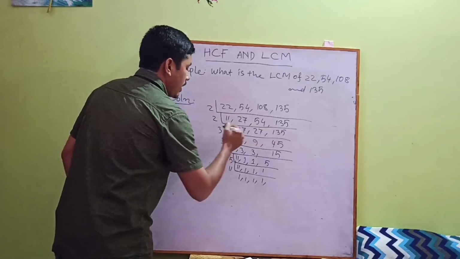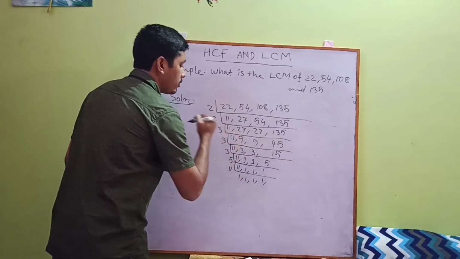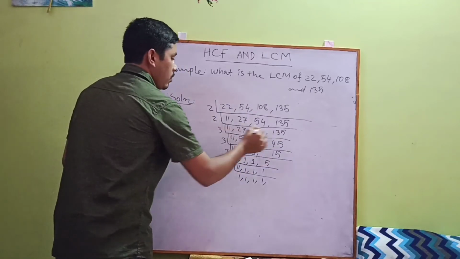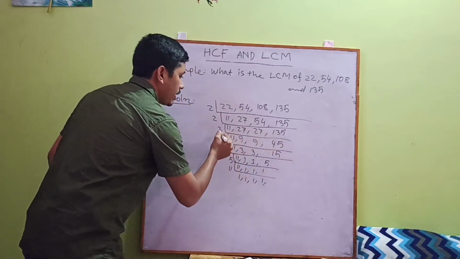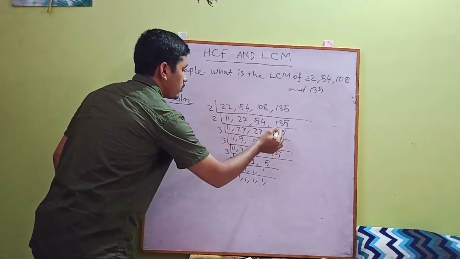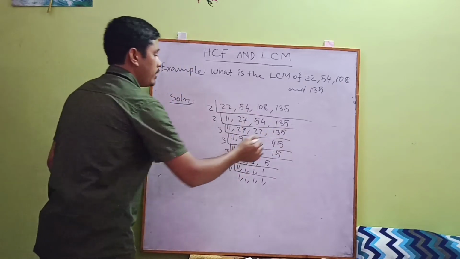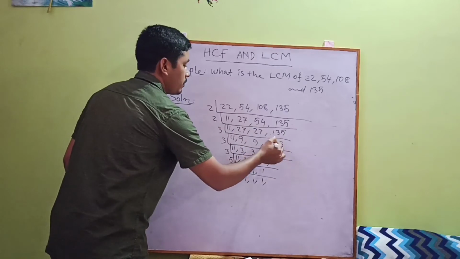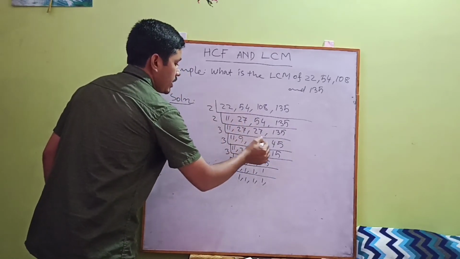When we divide 135 by 3, we get 45. That means 45 into 3 is 135. How? In 13, 3 comes 4 times. 4 threes are 12, remainder 1. Now the 5 becomes 15. When we divide 15 by 3, we get 5. That means 45.